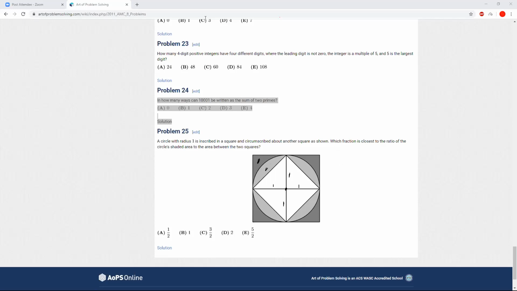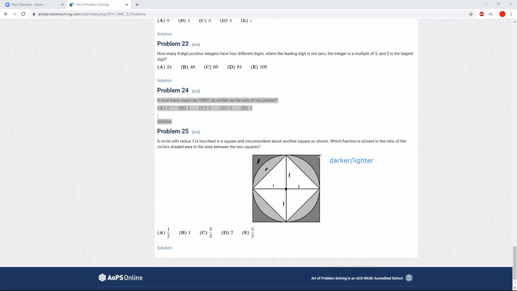So what this question wants us to do is find the darker region over the lighter region. First, let's find the darker region.